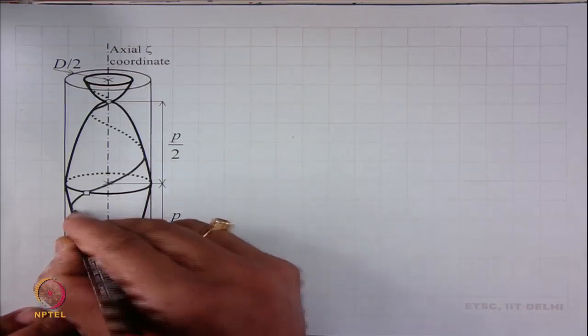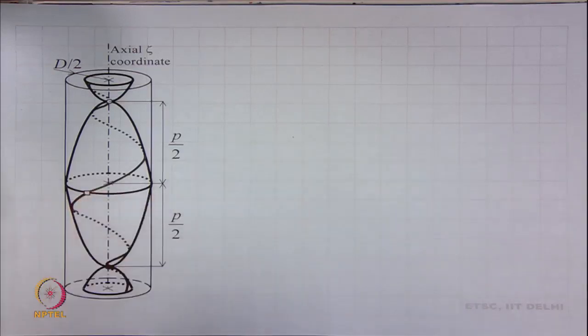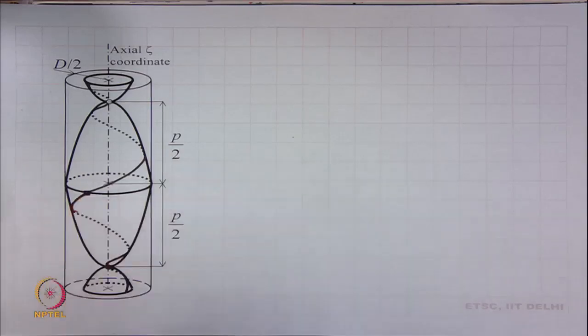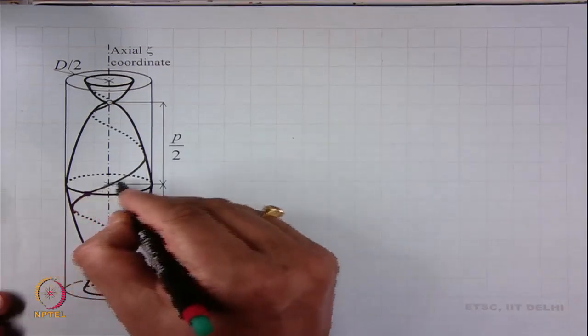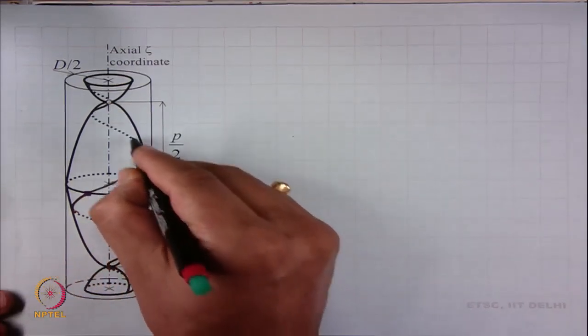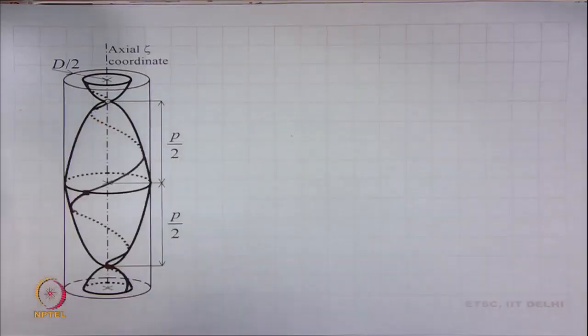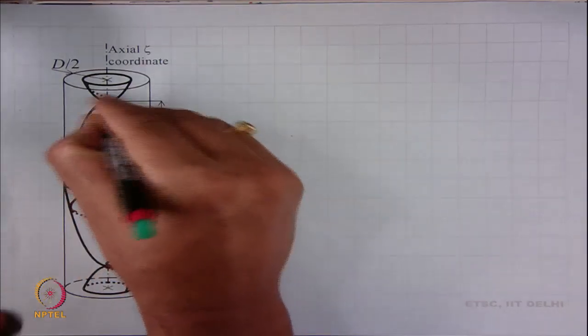From the surface it again goes inside, then it touches the surface, it comes to the surface, goes inside, then it touches the axis again, then it goes out.